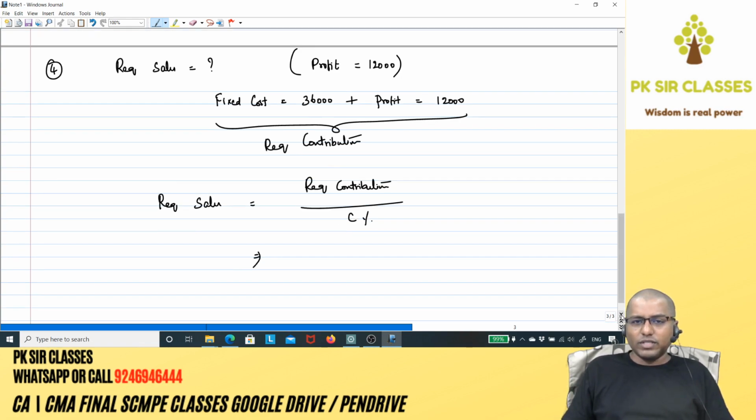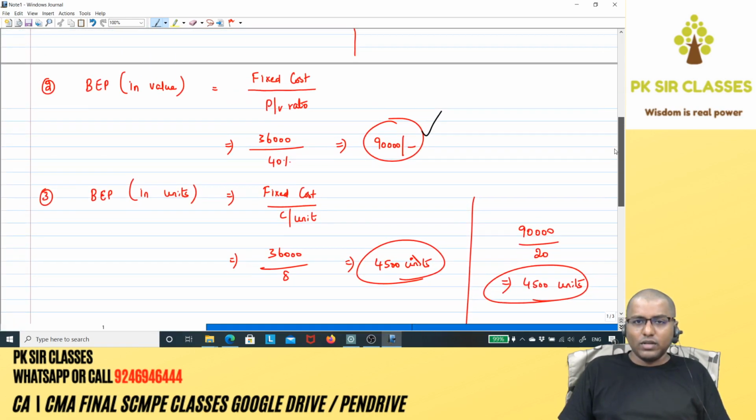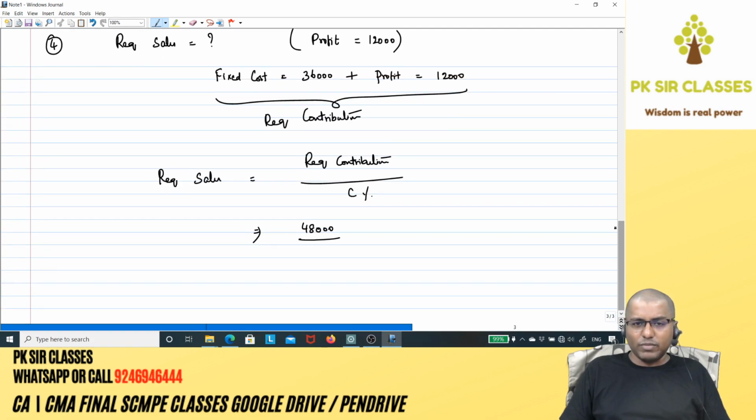Pretty simple. Required contribution is fixed cost plus profit, which is 36,000 plus 12,000, which is 48,000, divided by contribution percentage, which is PV ratio. Just now we have calculated PV ratio, which is 40%.